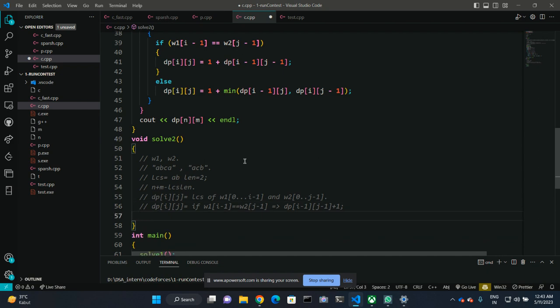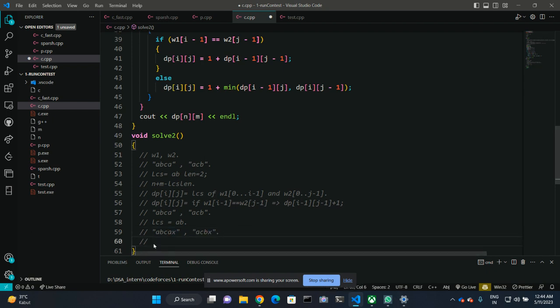Example: suppose LCS equals AB. Now suppose there is another character X in both strings. The LCS is AB.